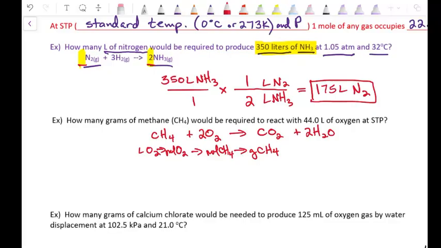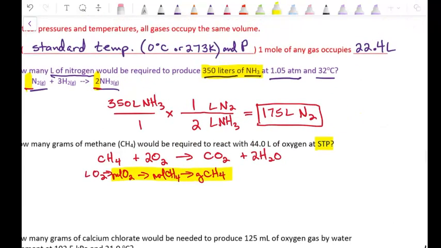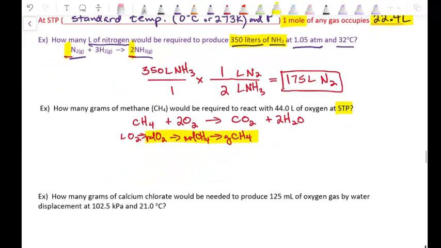The second part of this is the stuff that we've already done, moles to grams. We did that in our stoichiometry unit many, many times. The first part, going from liters of oxygen to moles of oxygen, is a little new, but it can be done pretty easily because we're at STP. And notice up above we said at STP, 1 mole of gas occupies 22.4 liters. So that sounds like a relationship I can use to solve this problem.